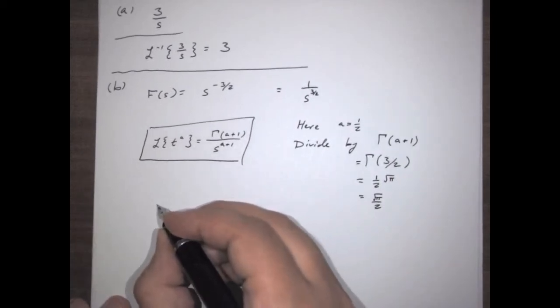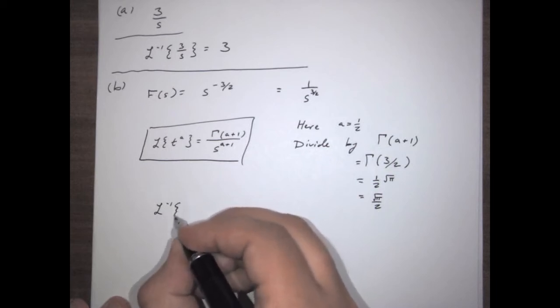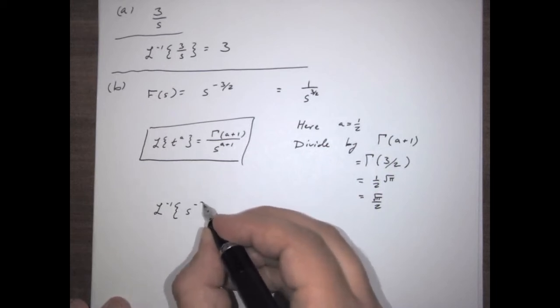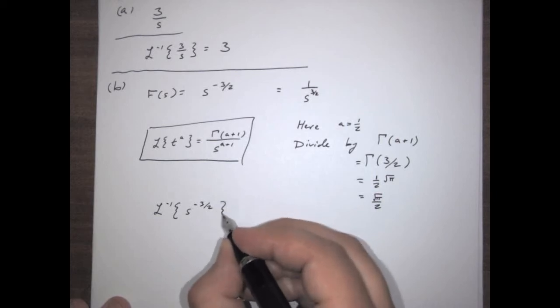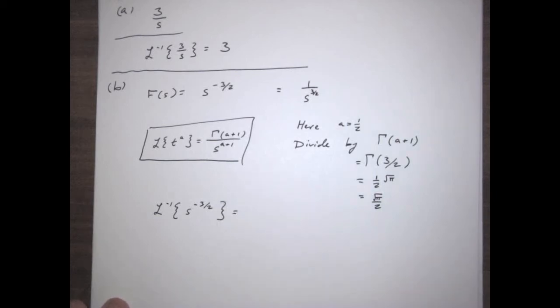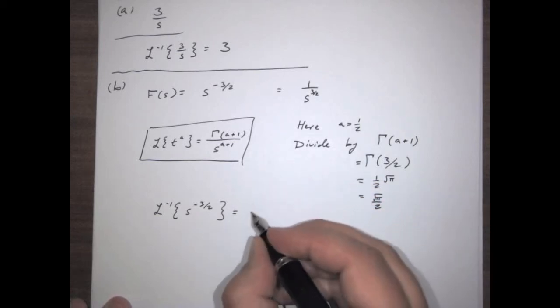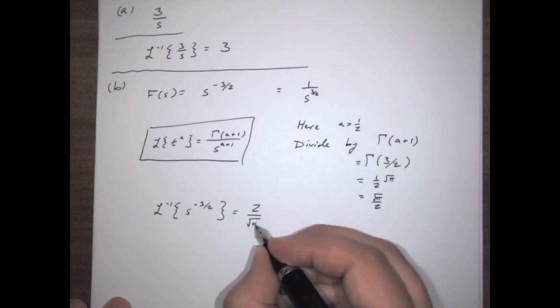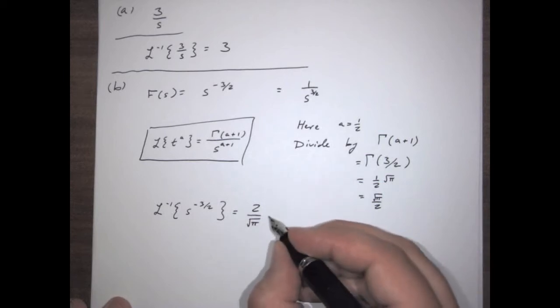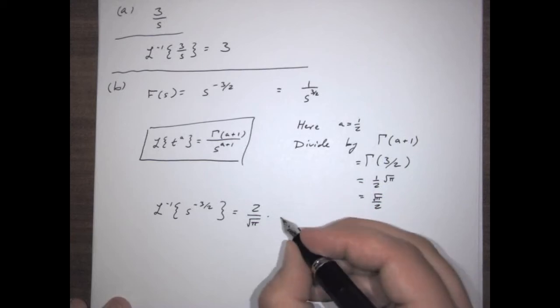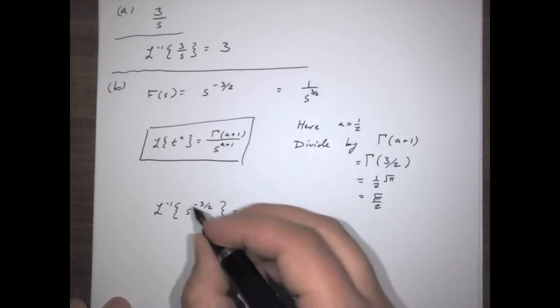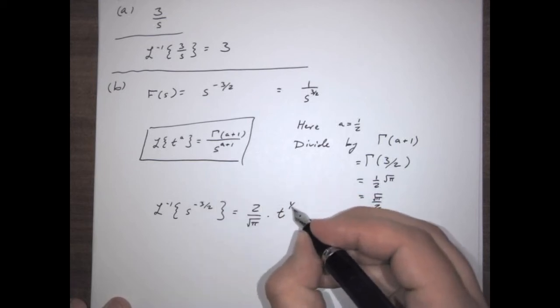So what that means is the inverse Laplace transform of s to the negative 3/2 is going to equal 2 over root pi times t to the 1/2.